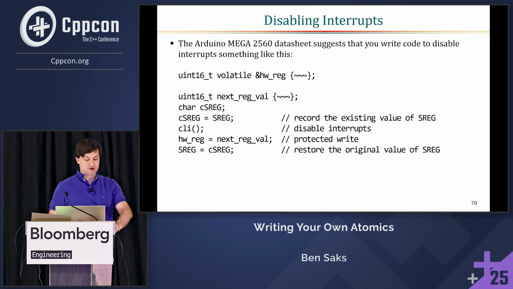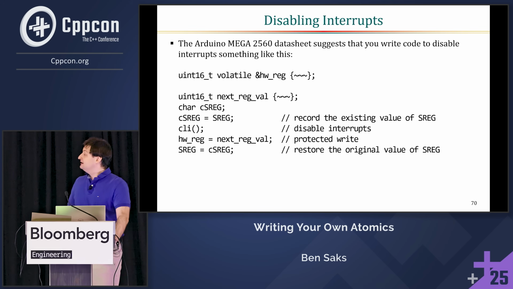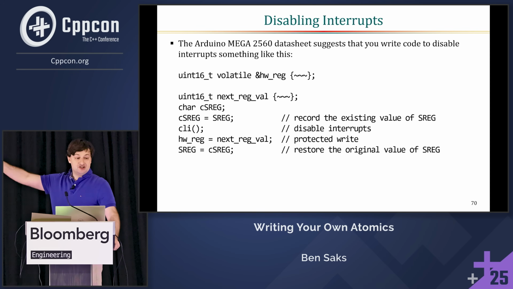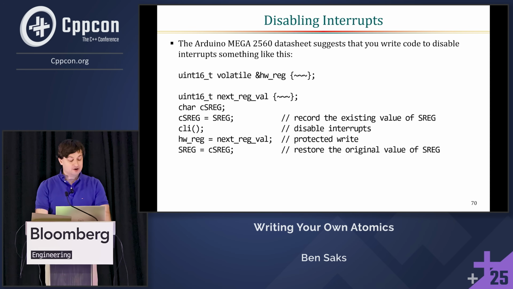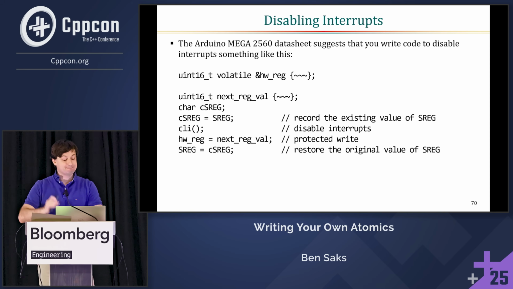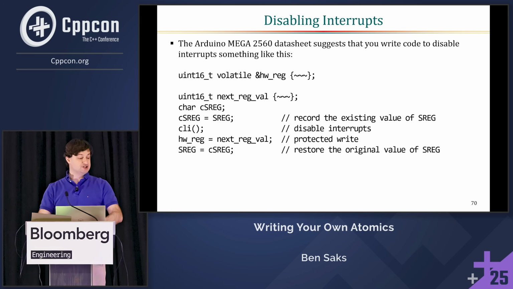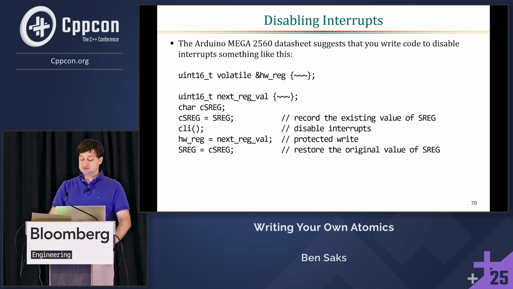And so if you look at the data sheet, the Mega 2560 suggests that your code that would disable interrupts would look something like this, where they use an example that involves writing to some hardware register. So that's what HW-reg is in this case, and next reg value holds the value we want to write to that. They make a copy of the current status register's value into CSReg. They call the CLI macro to disable interrupts.